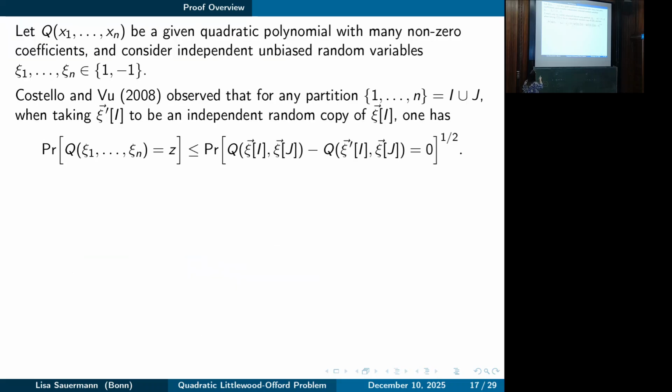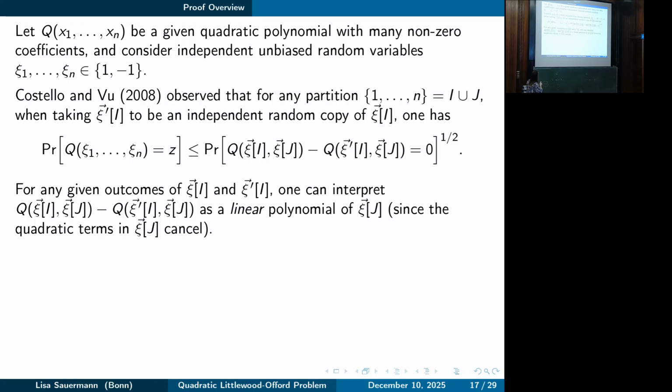Here is again a summary of the setting we had. Costello and Vu observed that if we take this partition, then we have this inequality, the one with 3 steps on the previous slide. The point is that for any given outcomes of psi I and psi prime I, we can interpret this polynomial as a linear polynomial in psi j because the quadratic terms cancel, and that means we get a linear anti-concentration problem.